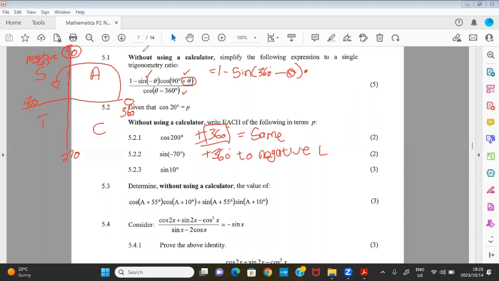So what am I doing? Since it's multiplication, I'm going to have to put a bracket. And also remember, we won't just write, because now we are just trying to work it out, right? We won't just have a cos, minus cos of theta. What we do when we are dealing with 90 degrees and 270 degrees is that we use the opposites, right?